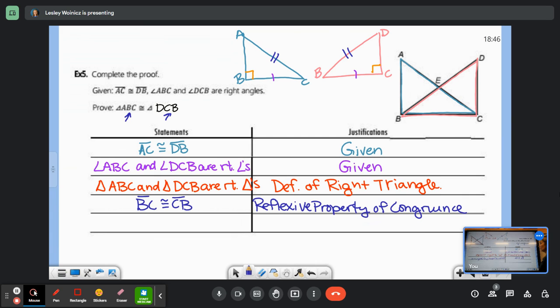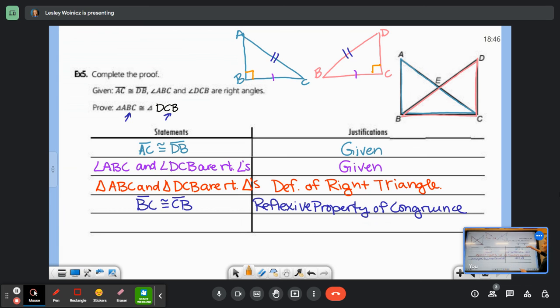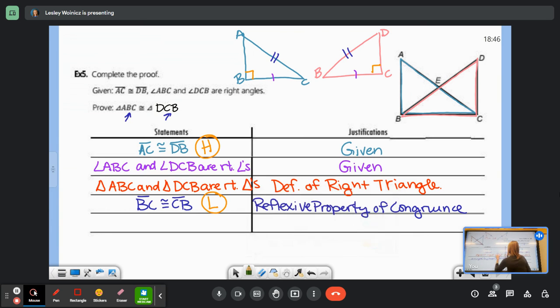Now, we've got AC congruent to DB. That's our hypotenuse. We've said that BC is congruent to CB. That's our leg. And very important, mission critical, is this right here.